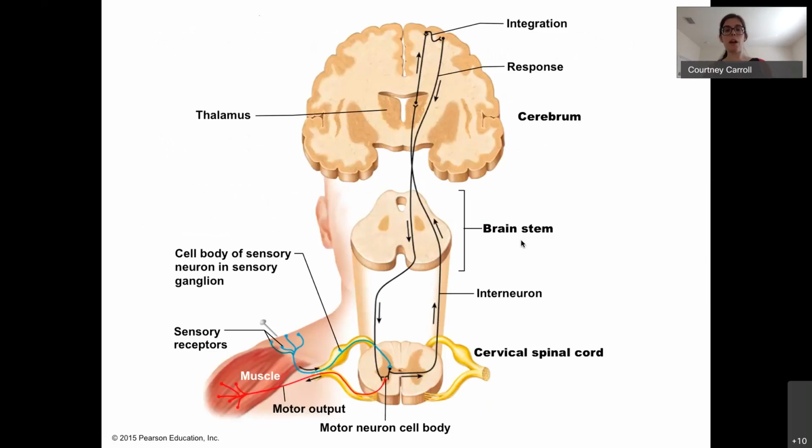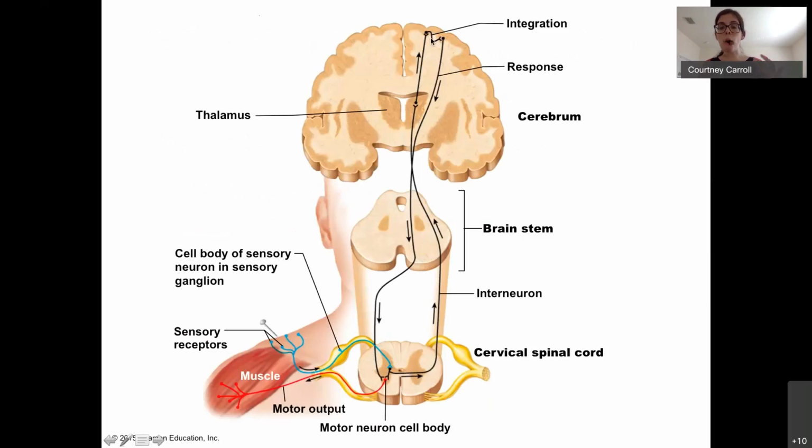Okay. This is what it all looks like together. So we start at our sensory receptor that's going to send information to the spinal cord on that afferent pathway. The cell body here is located outside the spinal cord. That information is then going to go up through the spinal cord, pass through the brainstem, and go up to give a response.